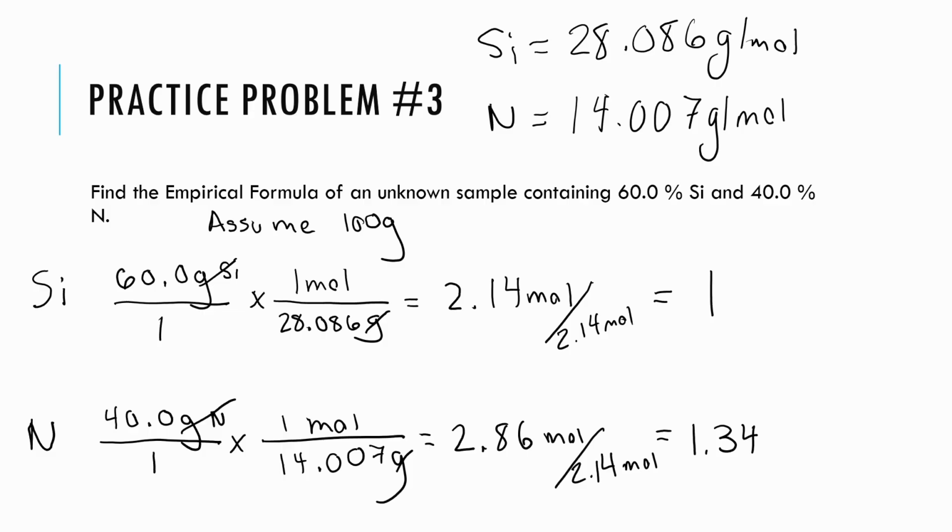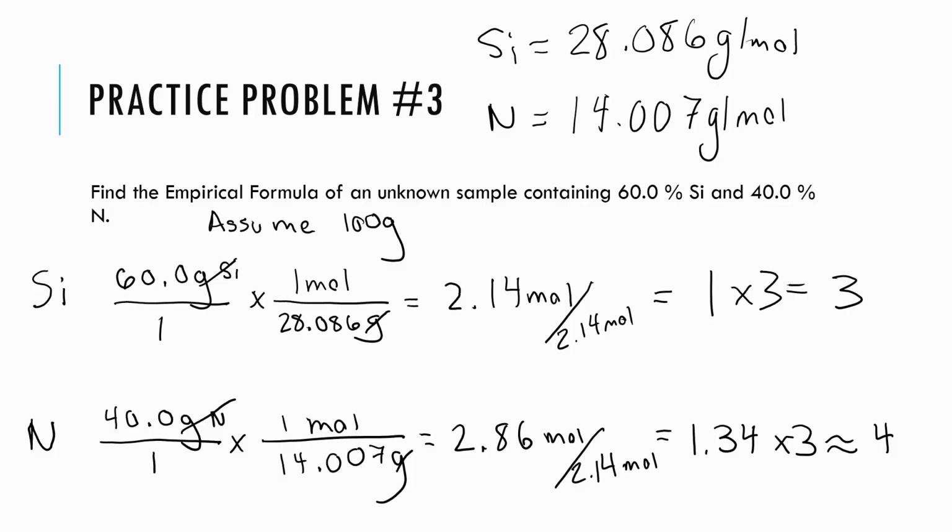Now, in this case, that is not close to a whole number. But what we could do is multiply it by 3. If we multiply this by 3, we're going to get pretty much 4. But if we multiply that bottom one by 3, we need to multiply the top by 3.